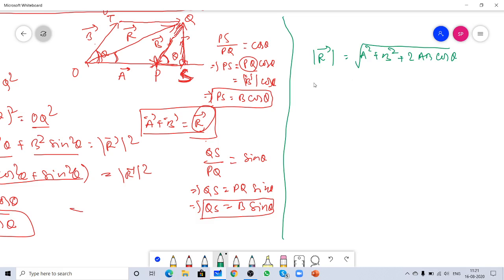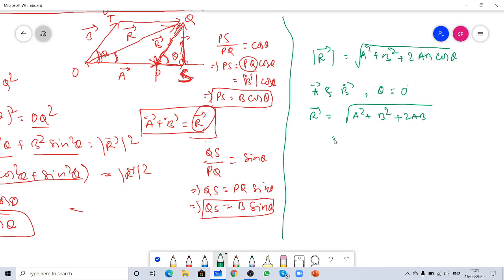Now for example, let's say two vectors are A and B, and the angle between them is 0 degree, meaning they are in the same direction, then what is the result we will get? Let's say theta is equal to 0 degree. So what will happen? Now your resultant will be just A square plus B square, cos 0 is 1, so it's 2AB.